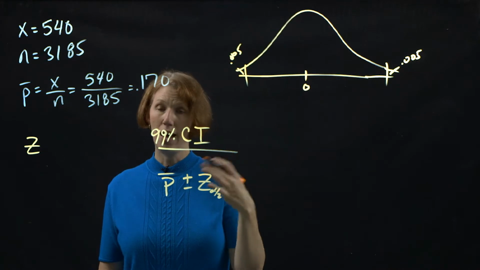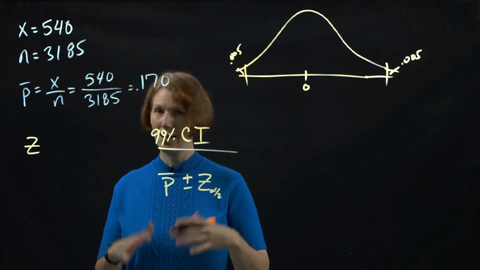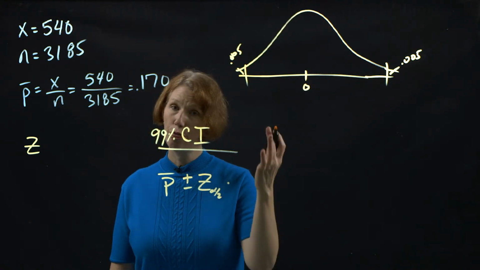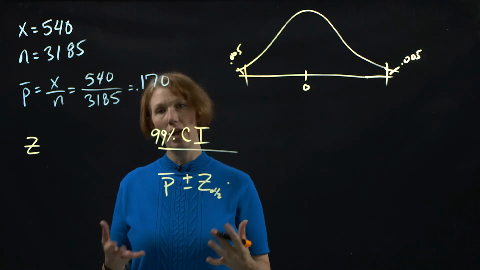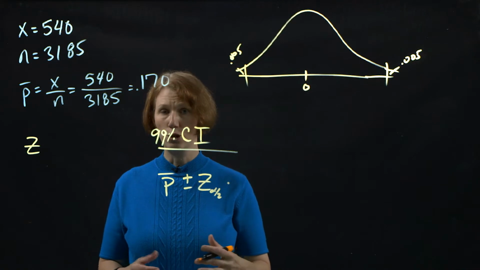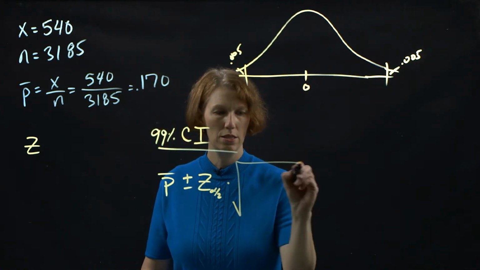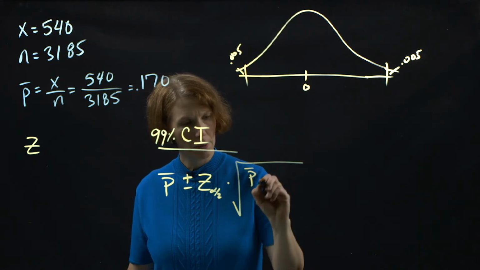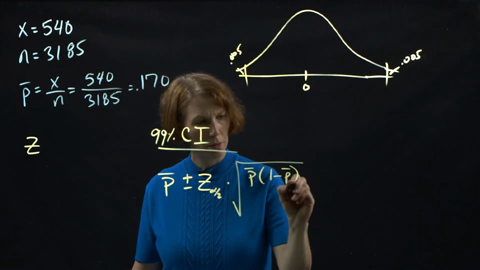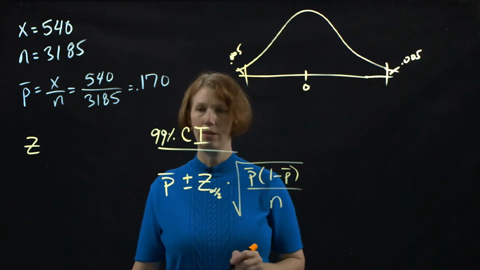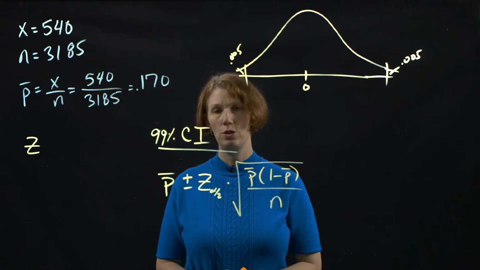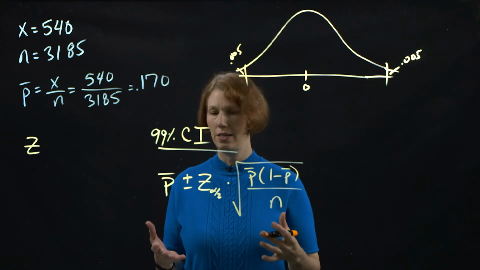And remember that the standard normal distribution does not have any degrees of freedom, so we don't have to worry about that. And then our third term is our standard error for the proportion, and we're going to estimate that using the following expression: the square root of P bar times 1 minus P bar divided by n, where n is our sample size. So these are the three components that go into our confidence interval estimation.